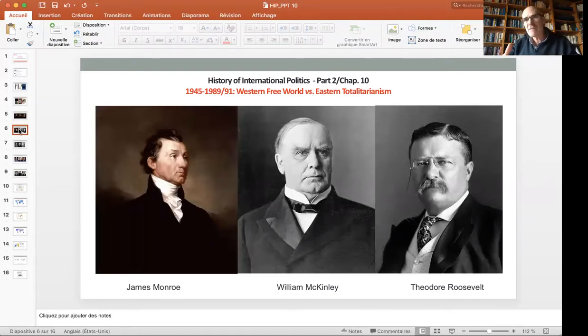So the US, according to Teddy Roosevelt, claims that it has a right to intervene in order to maintain civilization. It's exactly the same argument as the one put forward by the British and other European powers when they spread their standard of civilization.